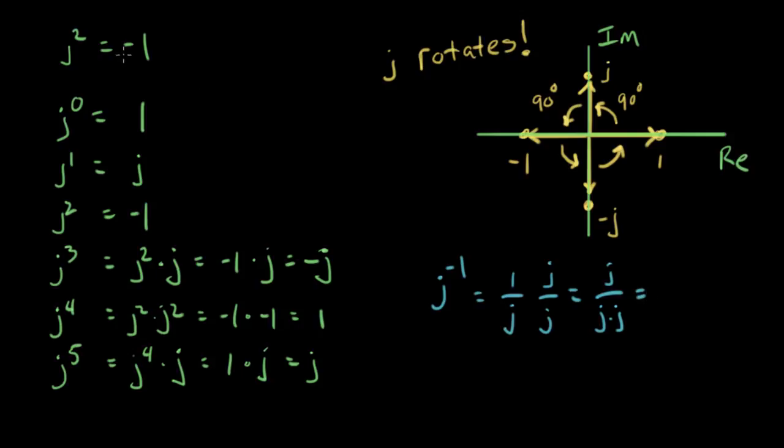We wrote it down right here. j squared is minus 1. So this equals j over minus 1, or equals minus j. So whenever we see j in a fraction, j to the minus 1, basically it introduces a minus sign and the j comes up to the top out of the fraction. So j to the minus 1 equals minus j. And we'll use that occasionally to help us in our math.